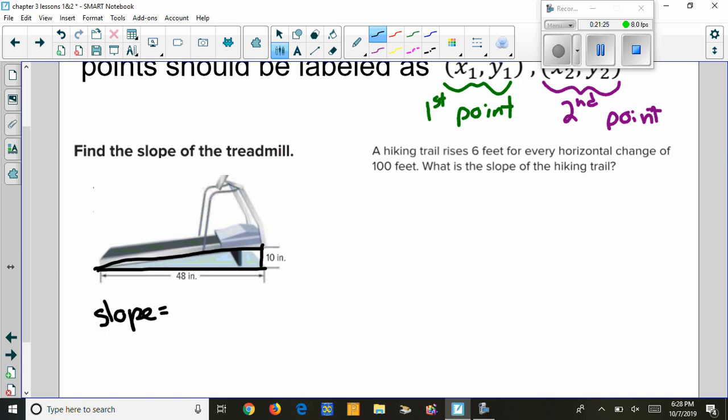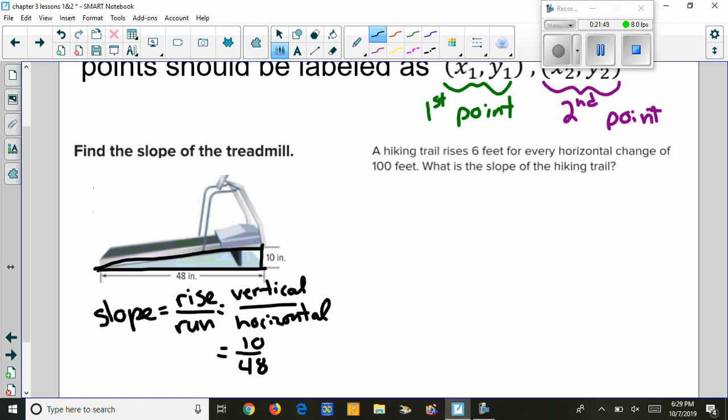If I talk about rise over run, think back to the definitions at the front. That's the vertical change over the horizontal change. And so for this example, it is 10 over 48. We reduce this fraction to say 5 over 24.